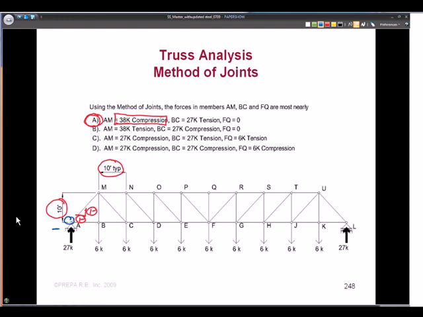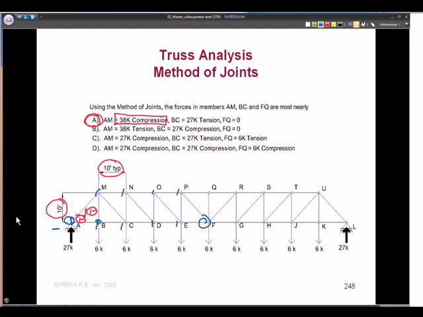We would have to do joint A, B, so that's 1, 2, 3, 4, 5, 6, 7, 8, 9, 10 iterations to get here. Okay, if we did the method of joints. So that's why we want to use some other reasoning and with this in the method of sections to say, can we get to the answer much more quickly?